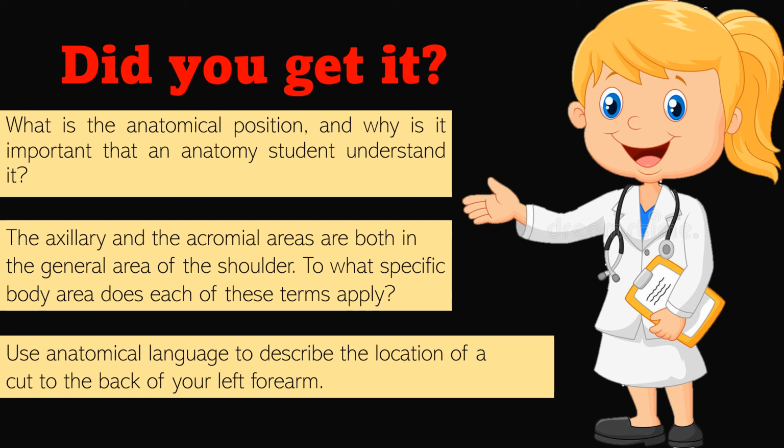The last question states, use anatomical language to describe the location of a cut to the back of your left forearm. So we say that there is a cut at the left posterior antebrachial region.